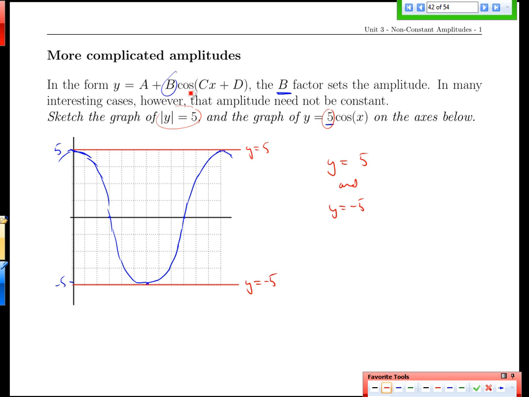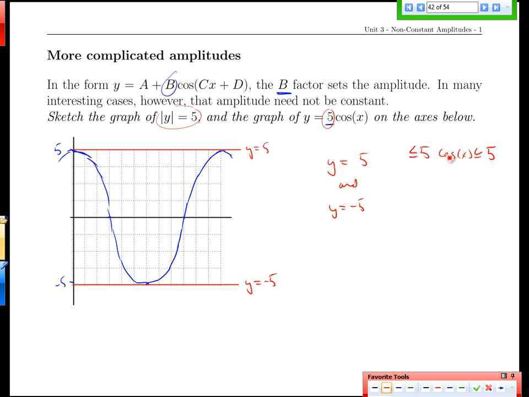And in some sense, or very real sense, those are boundaries for our cosine graph. Why are they boundaries? Well, because cos is never greater than 1. So when we look at cos times 5, the biggest we can ever get is going to be 5.